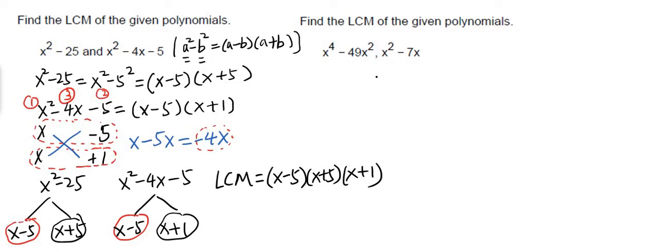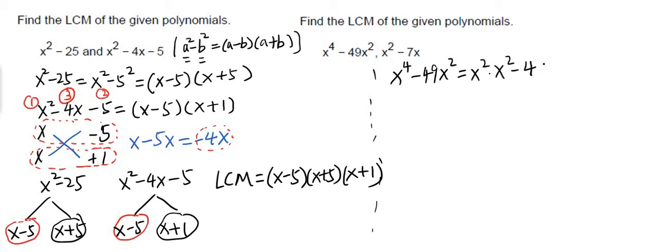Now let's take a look at the second example. X to the power 4 minus 49x squared, and x squared minus 7x. So the first thing, I want to factor x to the power 4 minus 49x squared. As we can see here, x to the power 4 can be written as x squared times x squared.